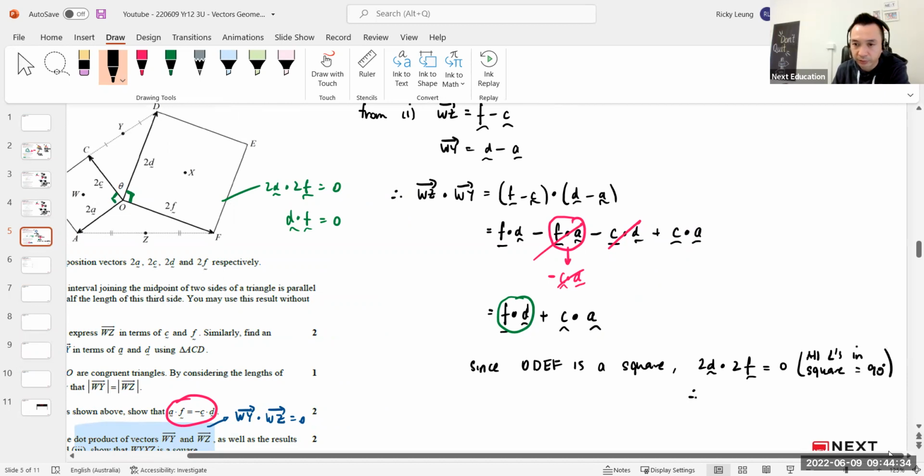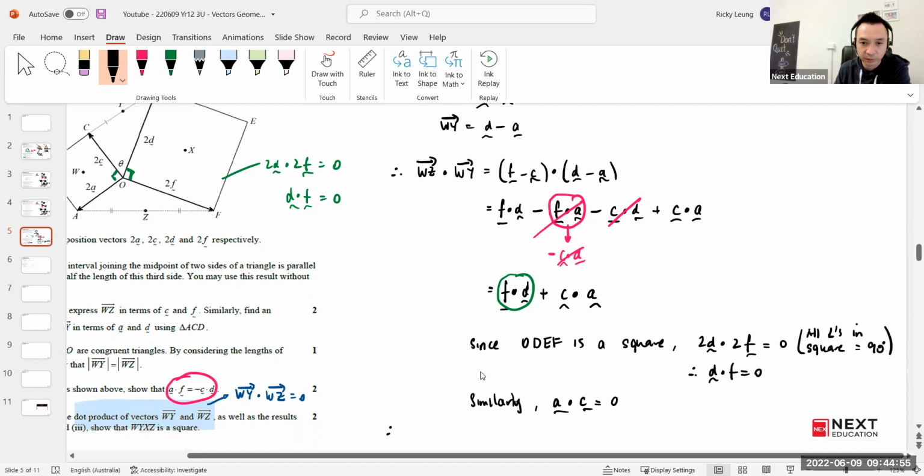Therefore, D dot F is 0. Similarly, A dot C is also 0. Therefore, the dot product of that, which equals F dot D plus C dot A, is 0 plus 0, which is 0.